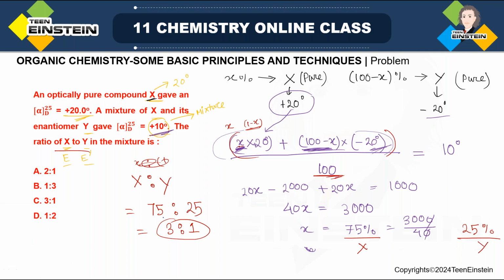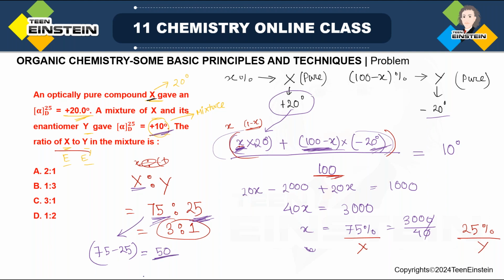See, here 75 is the percentage of one enantiomer, and its enantiomer Y is 25. That means when we have this type of mixture, 25% of Y will nullify 25 out of 75. So the remaining part is 50.